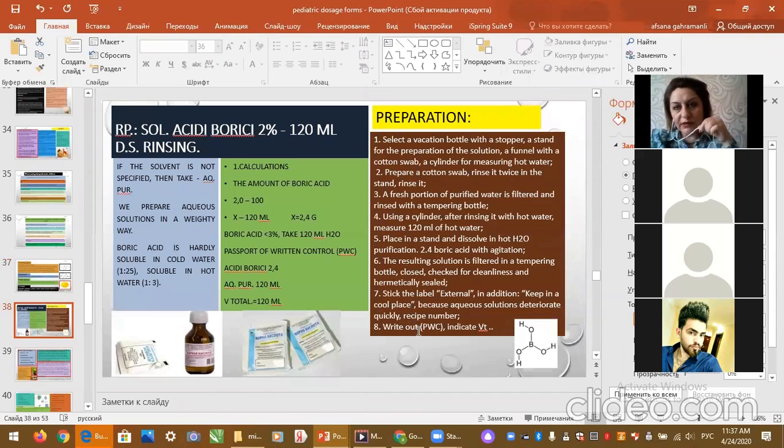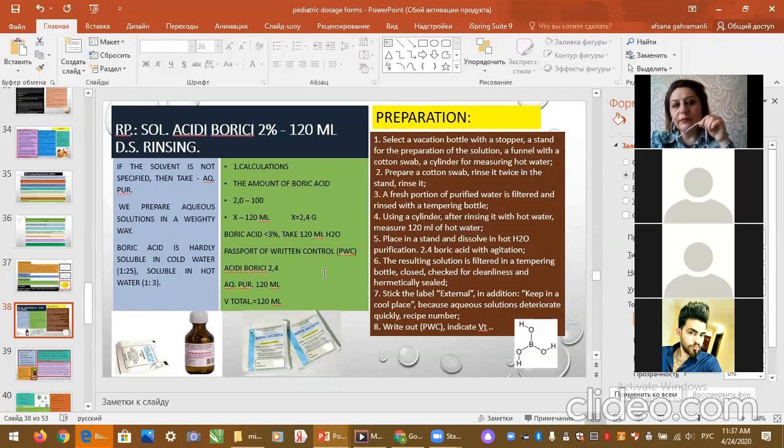Now, our first prescription for preparing. I think that in our laboratory we will prepare this prescription, okay? Solutio acidi borici 2%, 120 ml for rinsing. At first, my dears, we must calculate the amounts of our ingredients, if you remember.